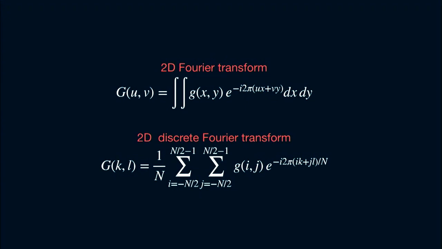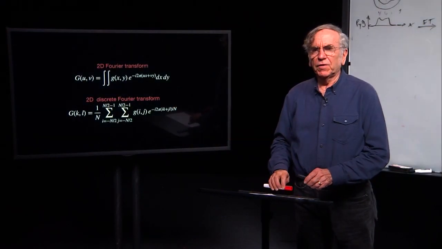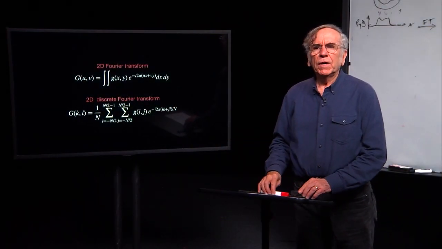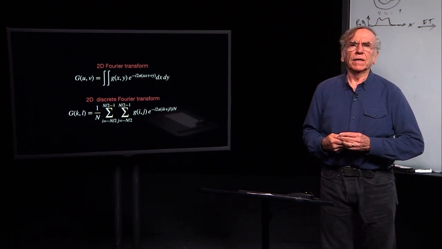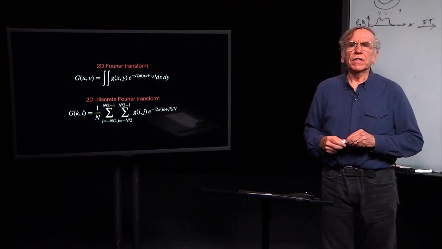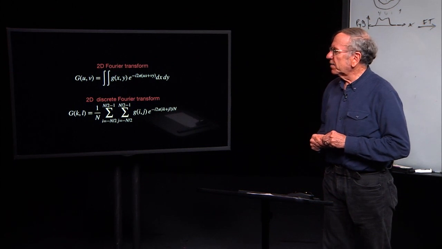So up till now, I've been talking about the pure, beautiful, mathematical, two-dimensional Fourier transform. But in fact, what people always are using in image processing and in CryoEM reconstruction is something called the discrete Fourier transform.